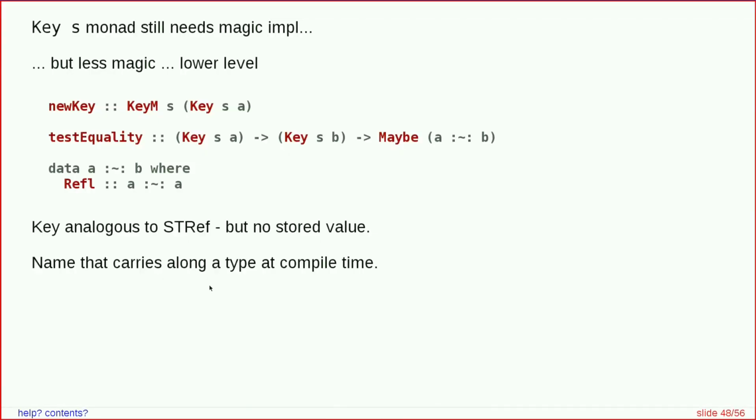So what this monad gives us is a function called newKey, which is a bit like newSTRef. It'll give us a key that has a type associated with it.